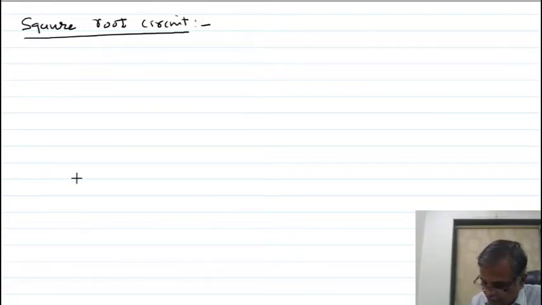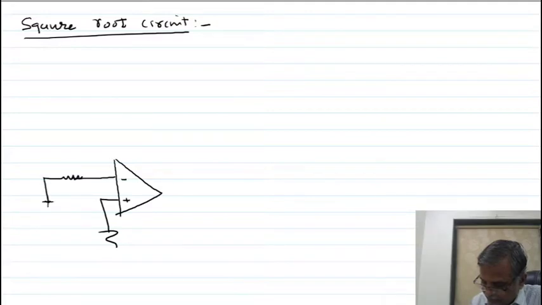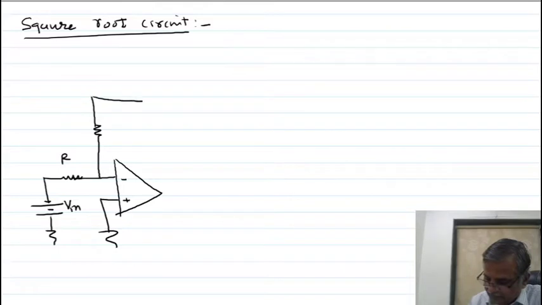See here, I am showing you. This is your operational amplifier. Here I am giving the negative voltage. This is your multiplier IC in a feedback path of the operational amplifier.